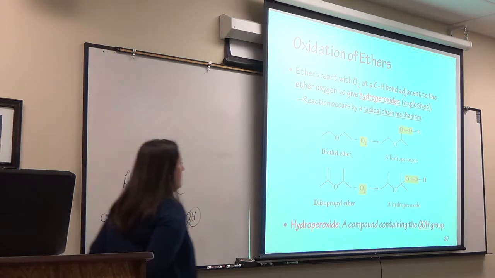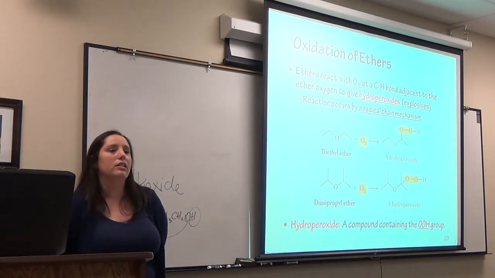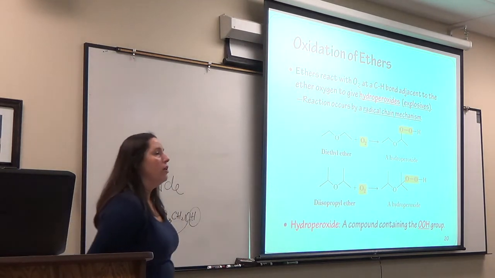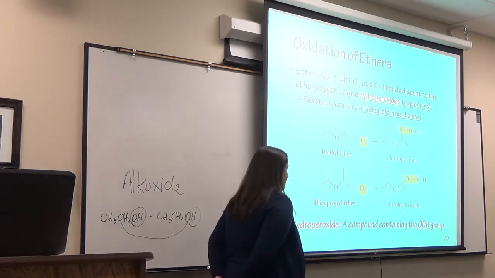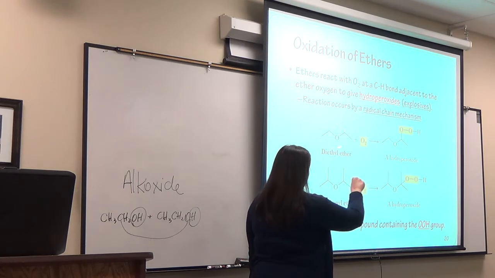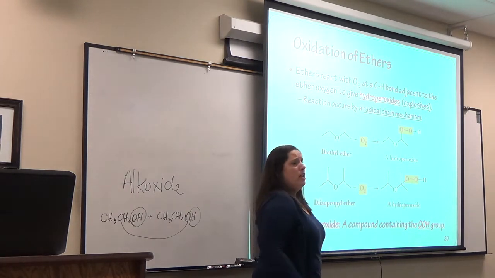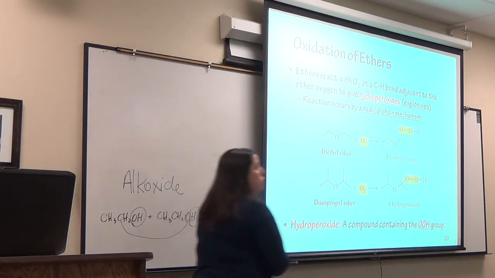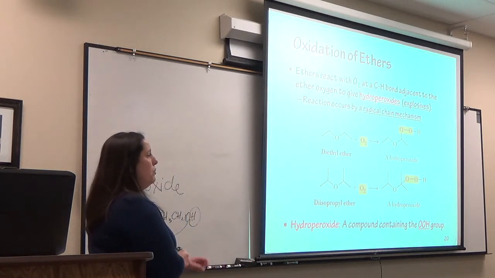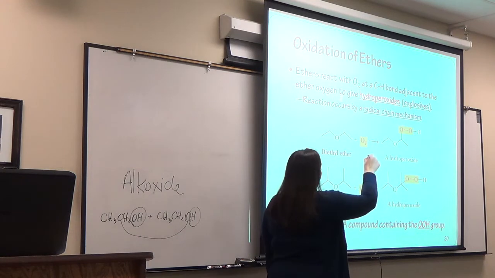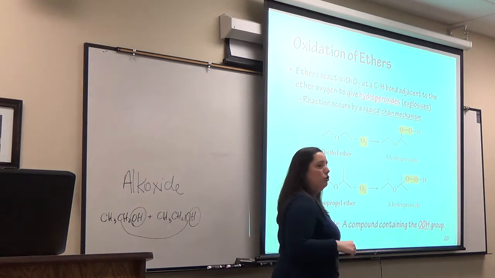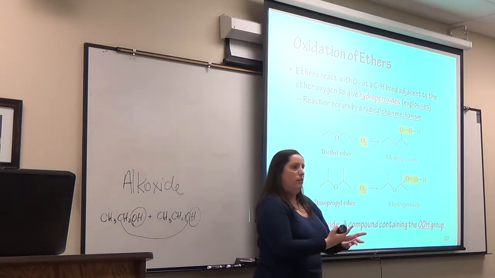Okay, and then the last reaction we'll talk about today is the oxidation reaction. So remember, oxidation is a gain of oxygen, and the ether already has an oxygen. So it's kind of an unusual product that we get that's specific to ether oxidation. And notice that the oxidation is in the presence of O2, so we are talking about the air right here in the room.